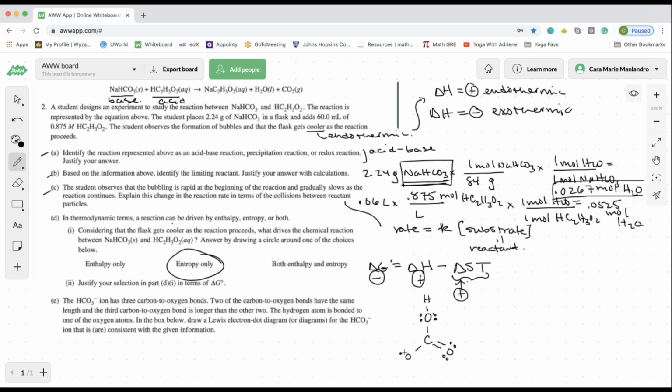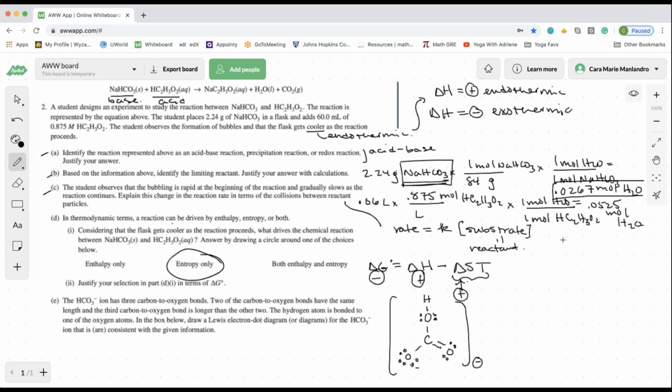Now the oxygen over here that has the one bond is the oxygen that has the formal charge of negative. So the negative is sitting on that oxygen. When we look at the molecule, we can see that it's impossible to distinguish between the left oxygen and the right oxygen having the double bond.